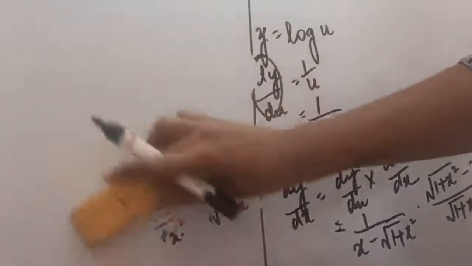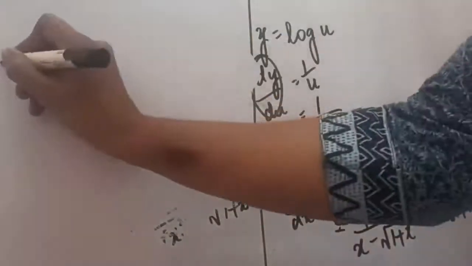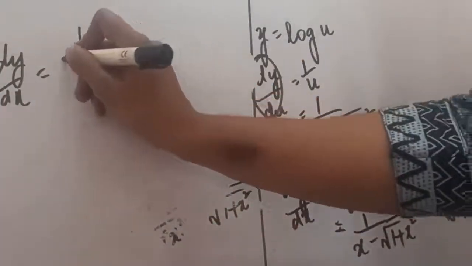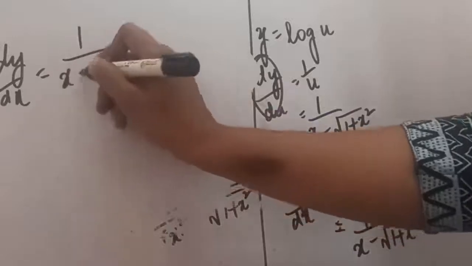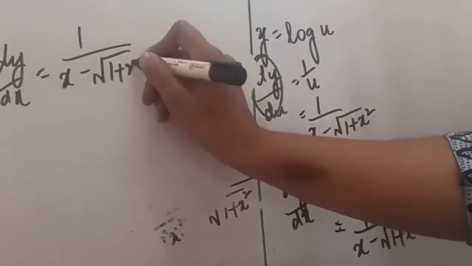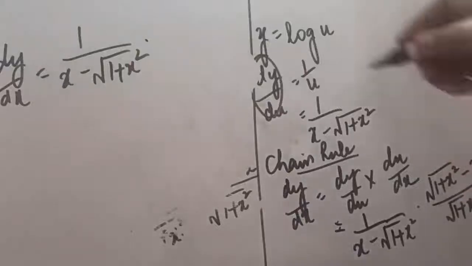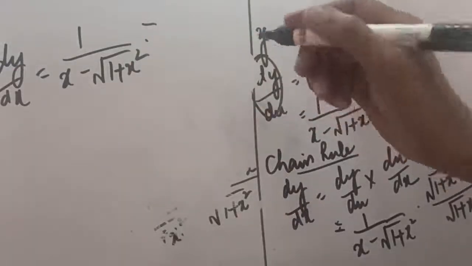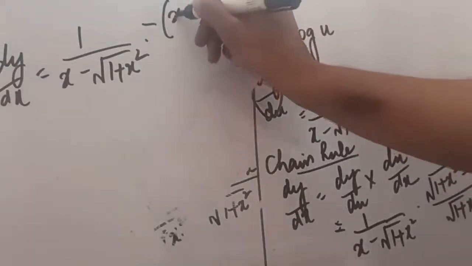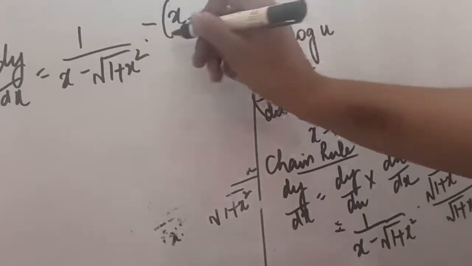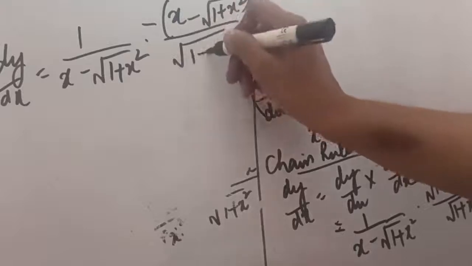So what we will do is dy upon dx is equal to 1 upon x minus root 1 plus x square, the same I have written, into, if I want to make this x plus, because below is x plus and this portion is negative, so I will just take the negative sign out and it will become x minus root 1 plus x square divided by root 1 plus x square.